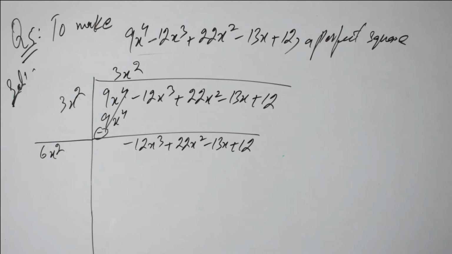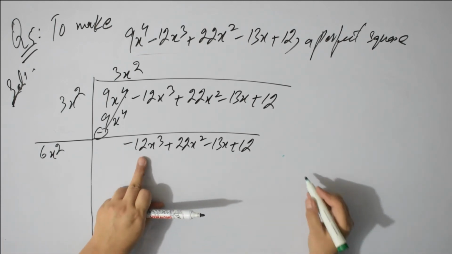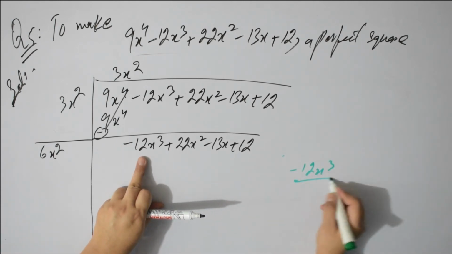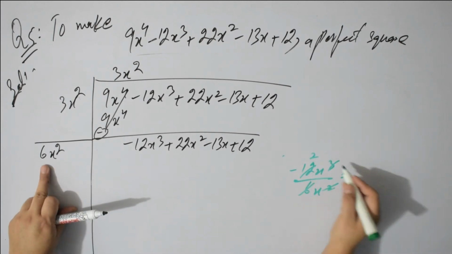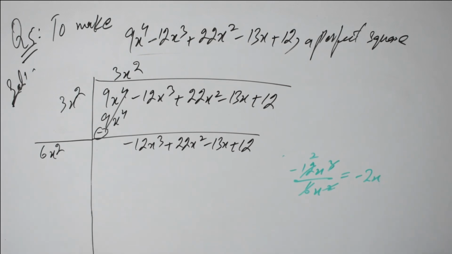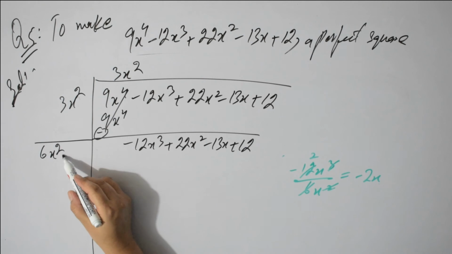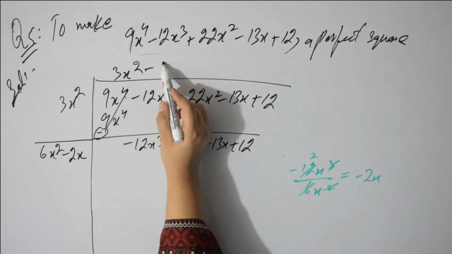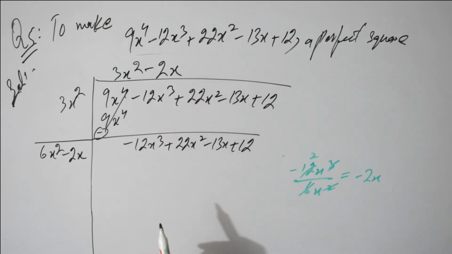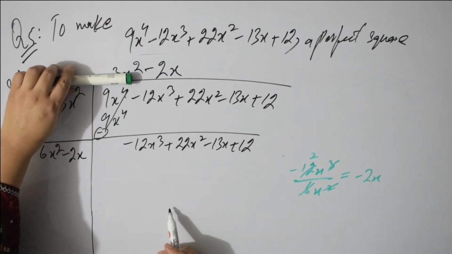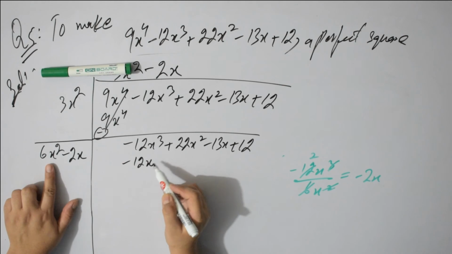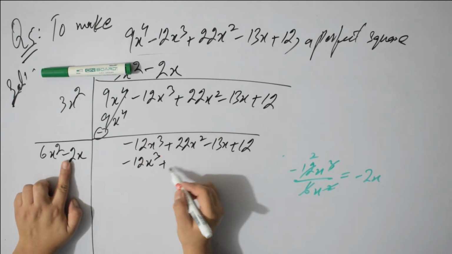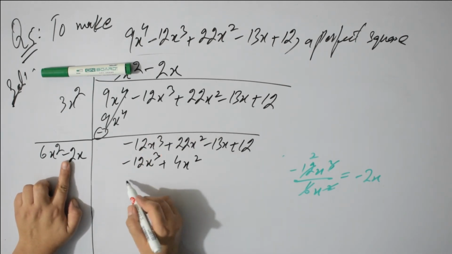Now the turn of second coefficient find out करते हैं. minus 12x cube को divide करेंगे by this 6x square and minus 2x. क्या आ जाएगा हमारे पास, minus 2x divisor and quotient. तो you have done this multiplication, so 6 2s are minus 12x cube minus minus plus 2 2s are 4x square.